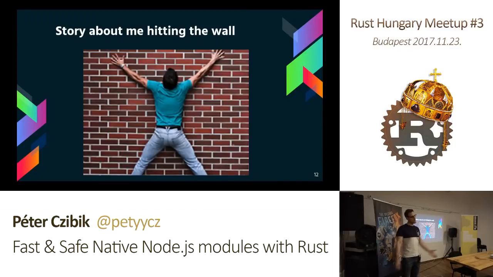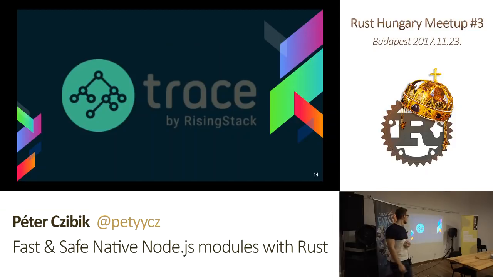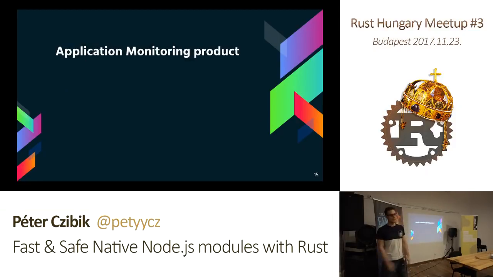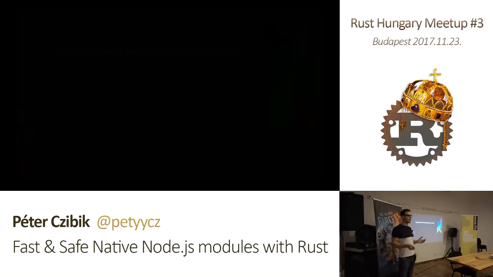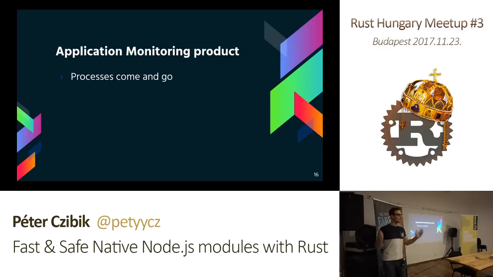So it's not a story about JavaScript or Node.js, but a story about how I hit the wall once with Node.js. It's not actually me who hit the wall, but something like that. We've been working on a monitoring product, and application monitoring is a hard issue to solve because we have processes that we have to watch, how they work and operate.